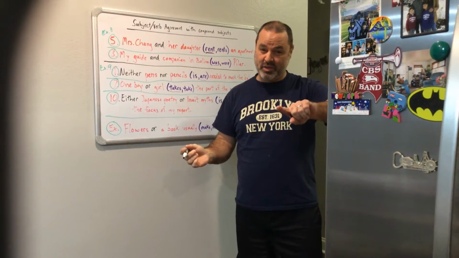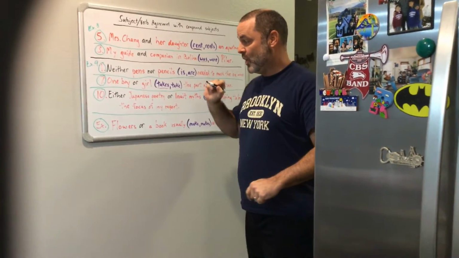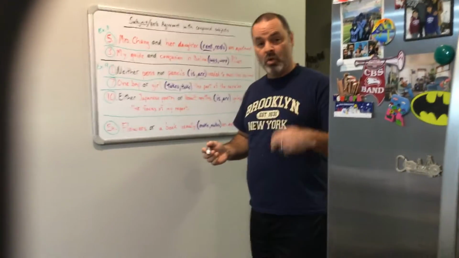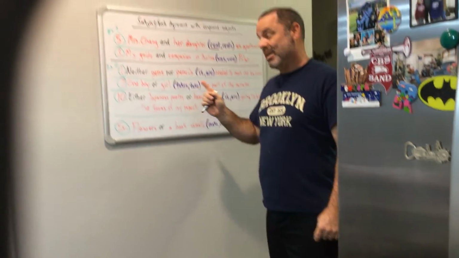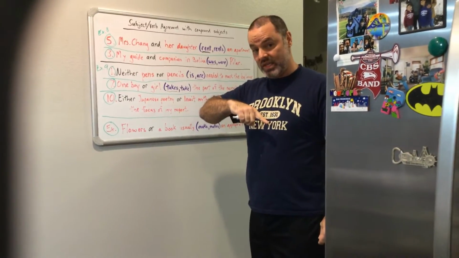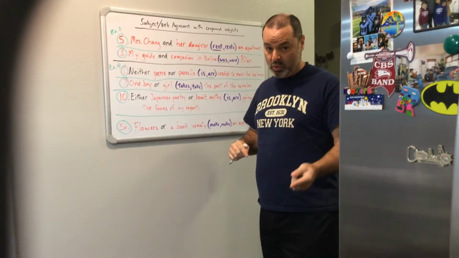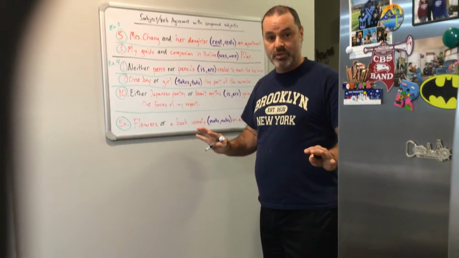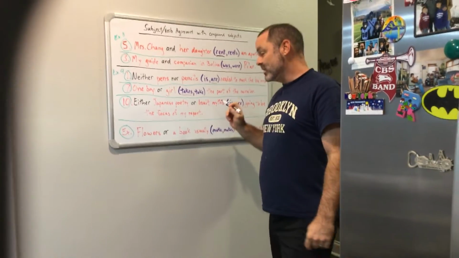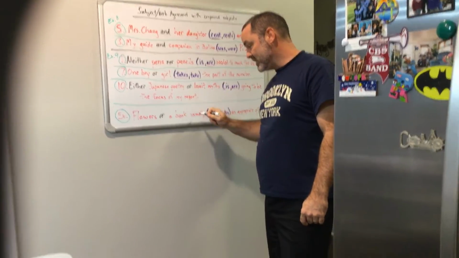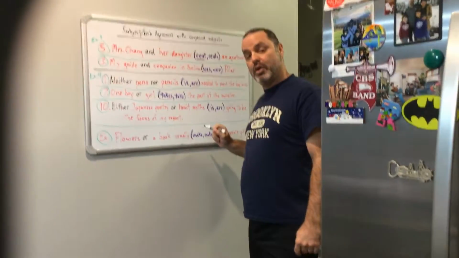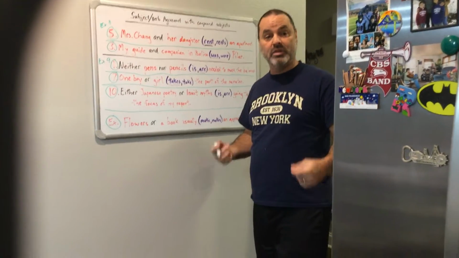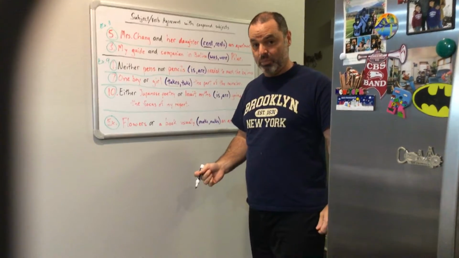Now here's where things get really tricky. When I have either/or, neither/nor, or just or and just nor, if one of the choices is singular and one of the choices is plural, real easy rule: all you need to do is go to the choice from the compound subject that's closer to the verb, and use that one to determine whether the verb is singular or plural.